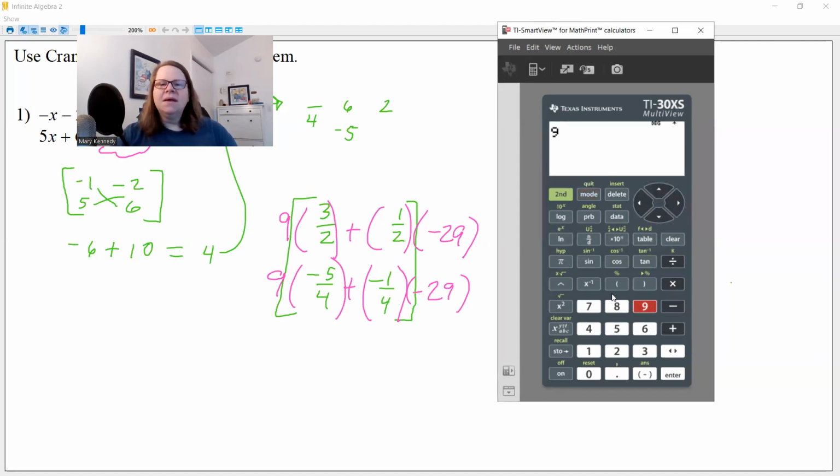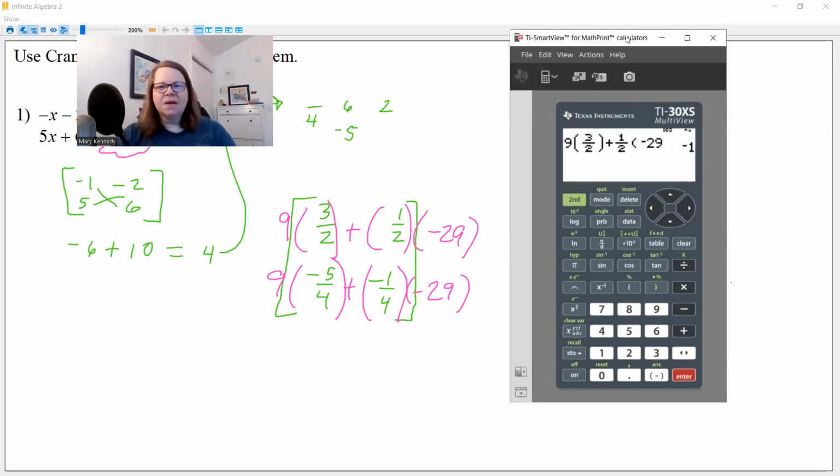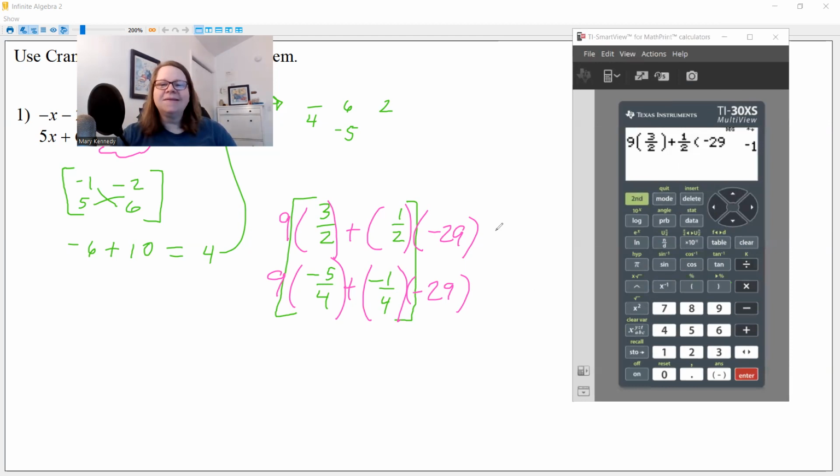We're going to do 9 times 3/2, and get out from under that fraction, plus 1/2 times negative 29. All right, all of that is just -1, which is kind of crazy, but it works.